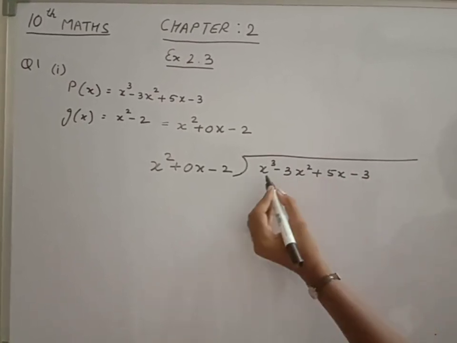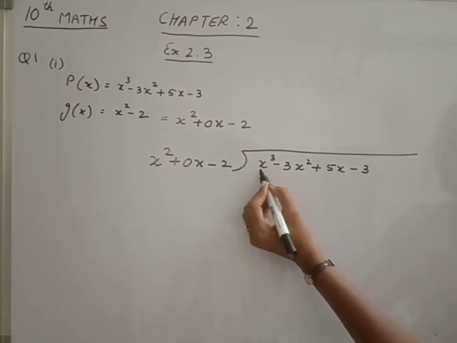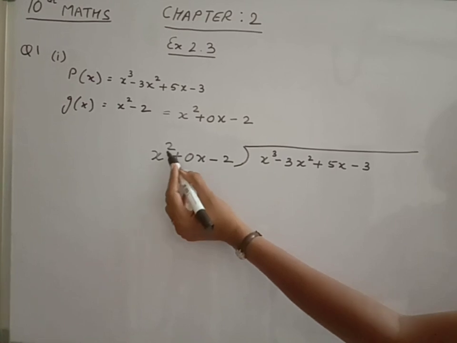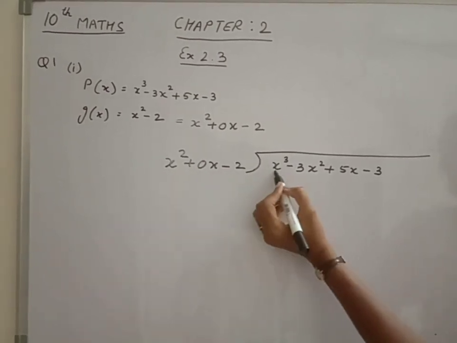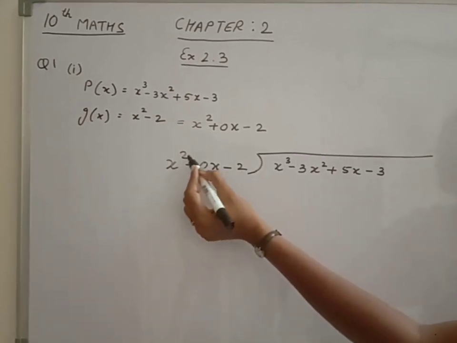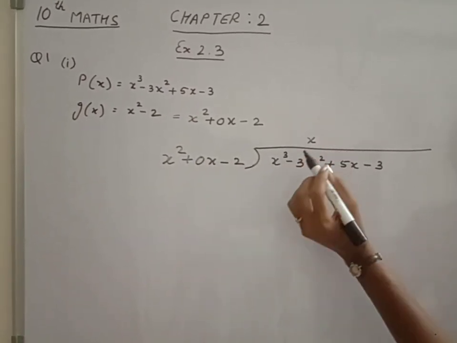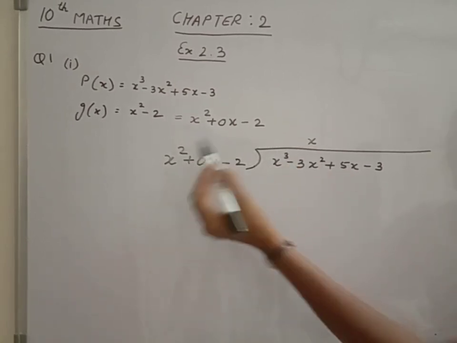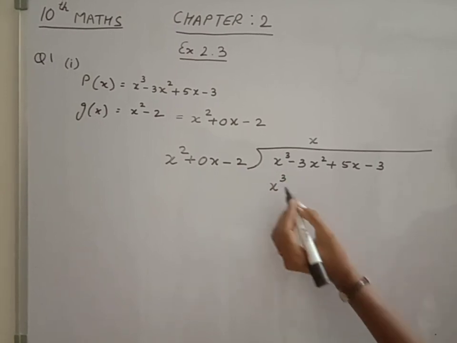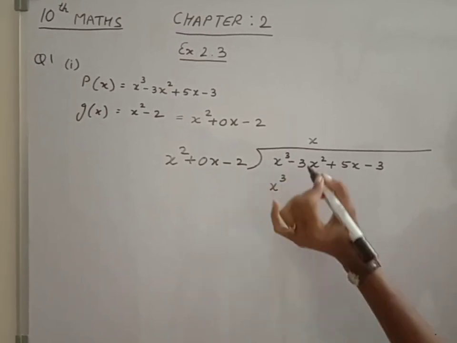Okay, now we will take the first term of p(x). The first term is x cube. So what should be multiplied to x square so that I get x cube? Obviously x. x into x square is x cube. So I will always try to make the first term of my p(x) the same so that they get cancelled.